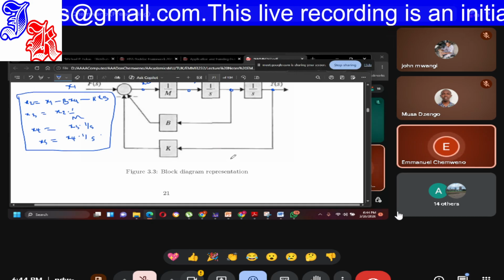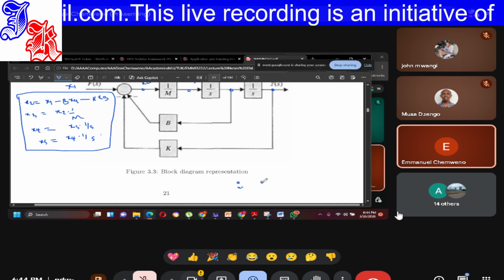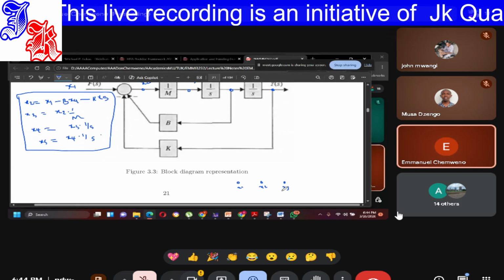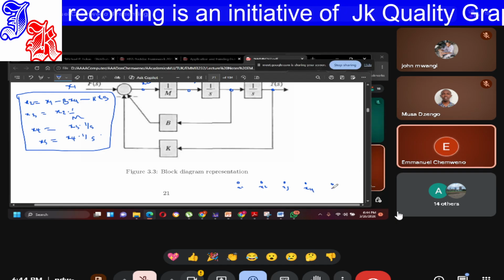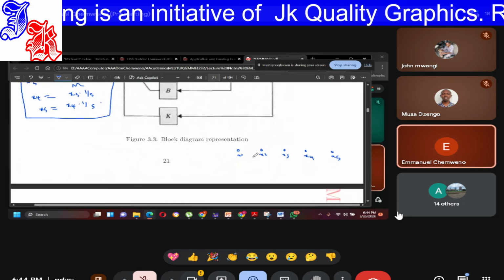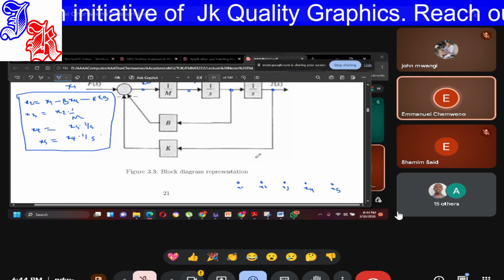Now I can just draw my nodes representing x1, x2, x3, x4, x5. I think I need more space. Okay, I can use this space.